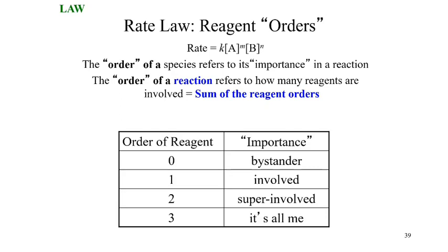If we wrote out an example rate law, rate equals K, concentration of A to the 0th order, well, A to the 0th is 1, so our expression becomes rate equals K. That means the concentration of A had nothing at all to do with the rate of the reaction. So it becomes a bystander.